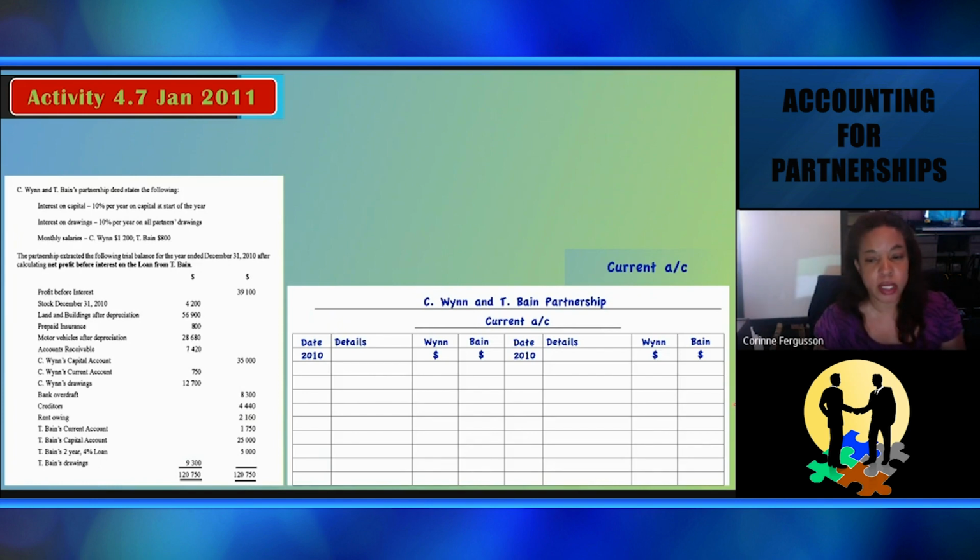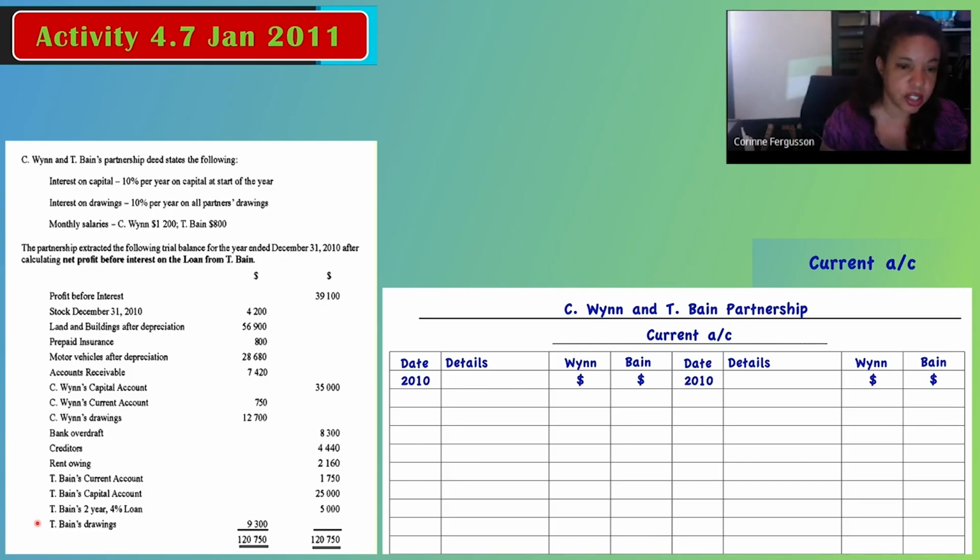Okay, so I will do it in the order that I usually do it in. Of course, the first thing you must do would be your balances. So you have to check and see, are there any balances for the current account? So you go to your list in your trial balance, and you're looking for Win or Bain.